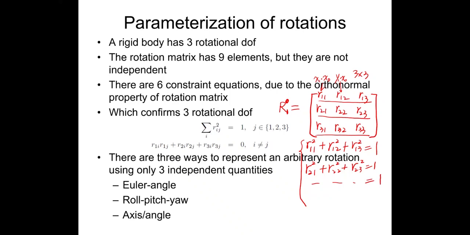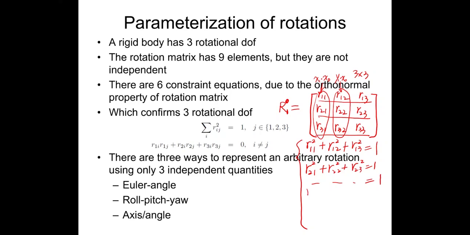Still squares. And also we know some perpendicularity, orthogonality in between, right? We know that the first column and the second column are perpendicular. So it means that if we do the dot product of this vector and this vector, it equals 0, because the angle between them is 90 degrees.